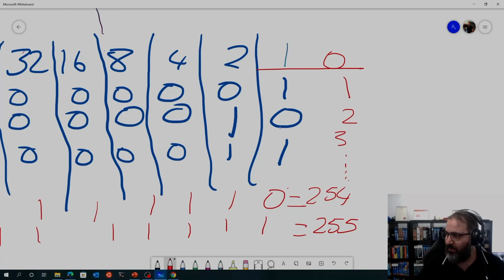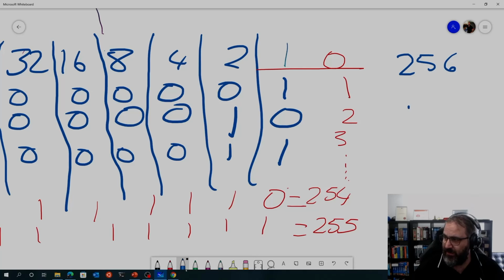So I've got 1, 2, 3, all the way to 254 and 255. Okay? So I start at 0 and I end at 255. If I count the 0 as an address, there are 256 addresses.